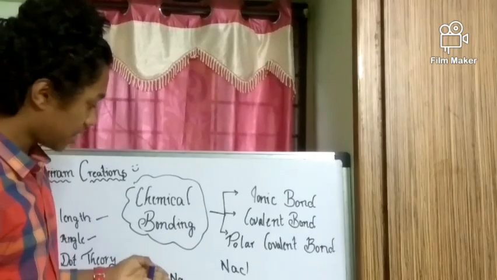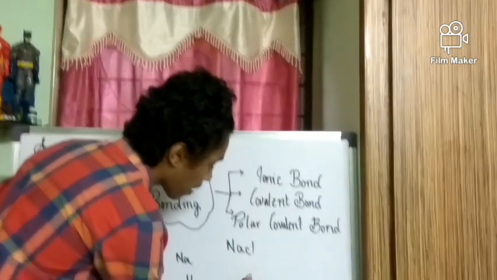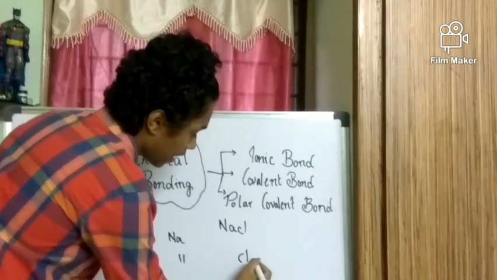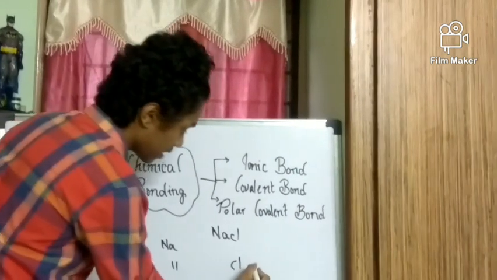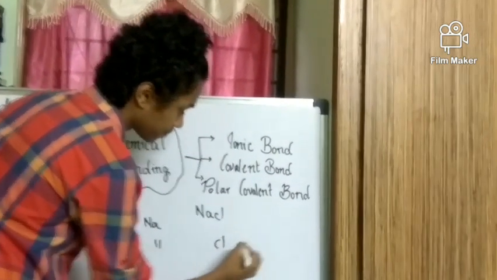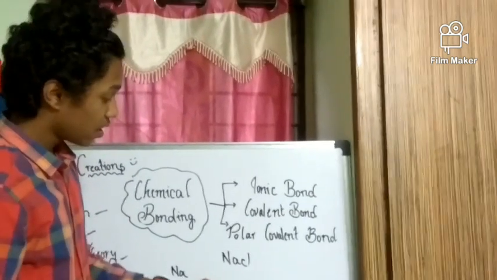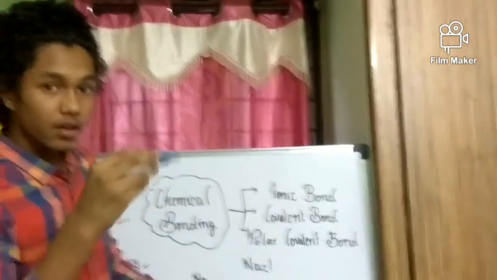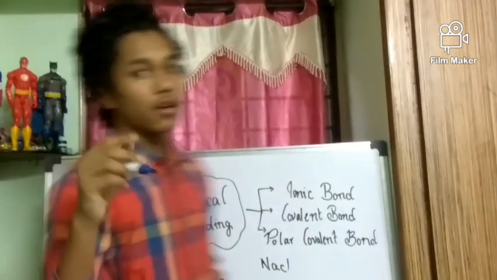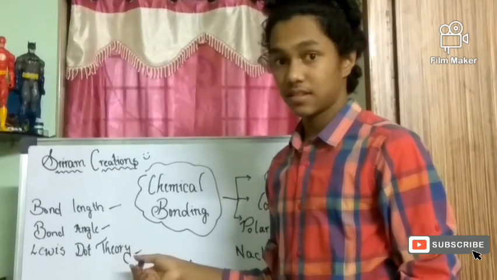That is sodium. And we have chlorine, and its atomic number is 17, and there are 17 electrons rotating around the nucleus in chlorine.